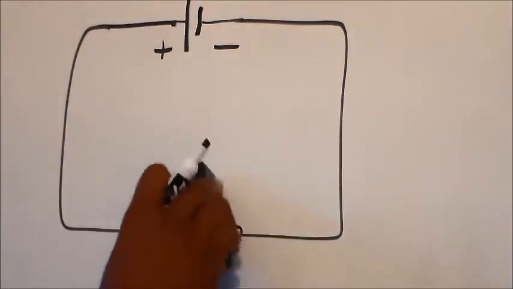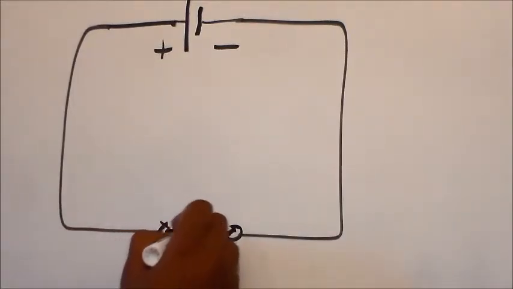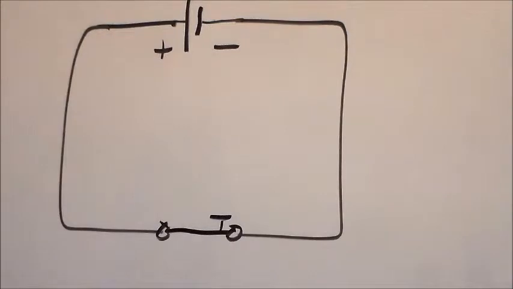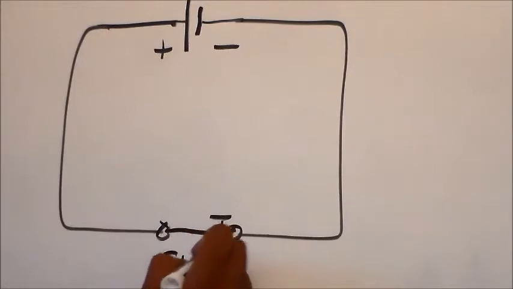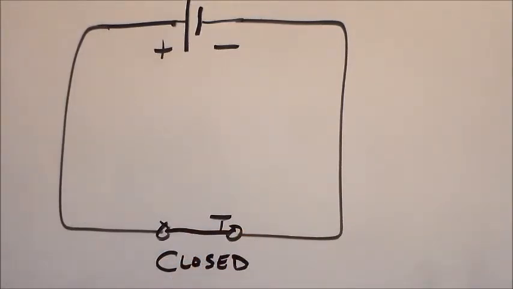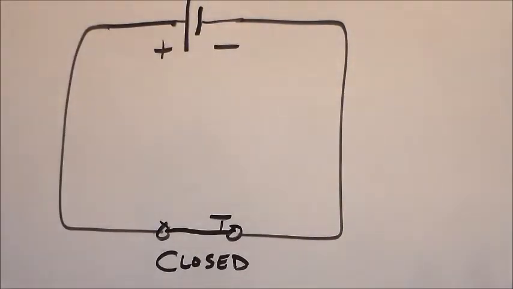And then when we take this switch and we flip it, just like your light switch in your room, or the switch on your computer. When your computer's off, the switch is open. When it is on, this switch is considered to be closed. All right, and then we have electrical energy flowing through the conductor. Okay, so conductor, battery, switch.